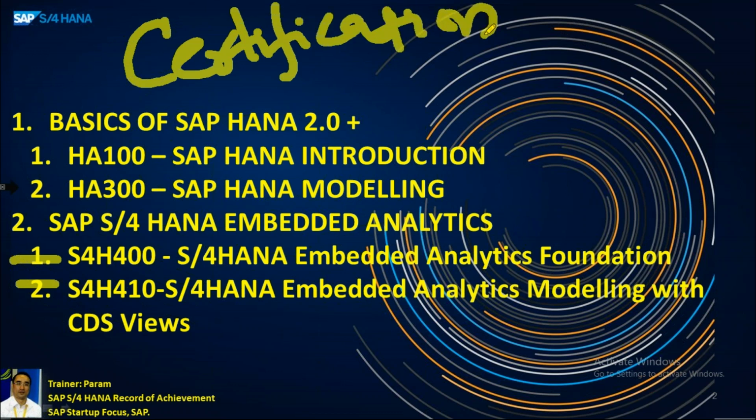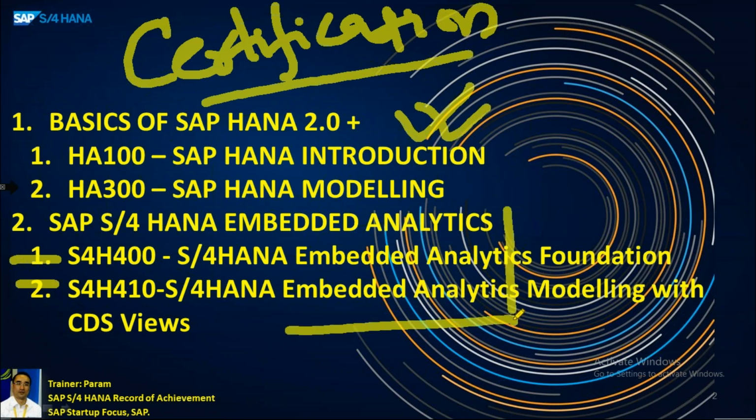After completion of the course, you can go for certification on HANA. The S4HANA Embedded Analytics certification is yet to be released. Whenever it is released, you can directly go for the examination by referring to these two documents. What SAP does is they release the document first, and then they release the certification exam after 6 months.